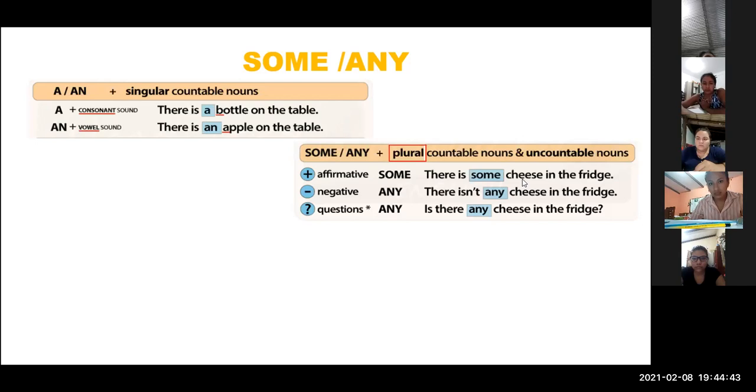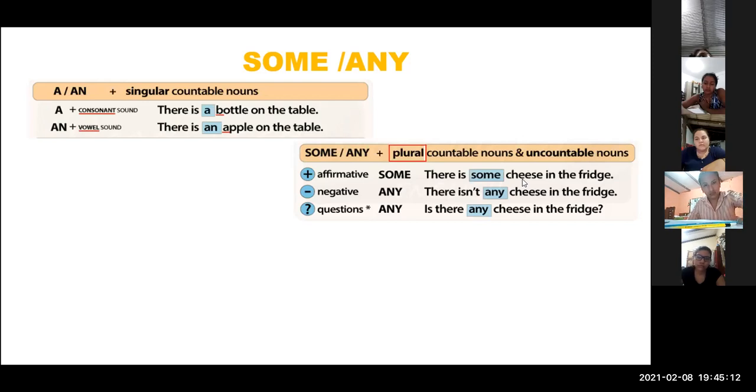Okay, but maybe we can change. ¿Cómo? But I asked you to give me a sentence with a countable noun, plural countable.